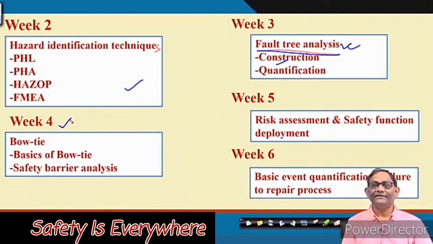You can use voting gates, inhibit gates, and other gates like exclusive OR and priority AND gates also.